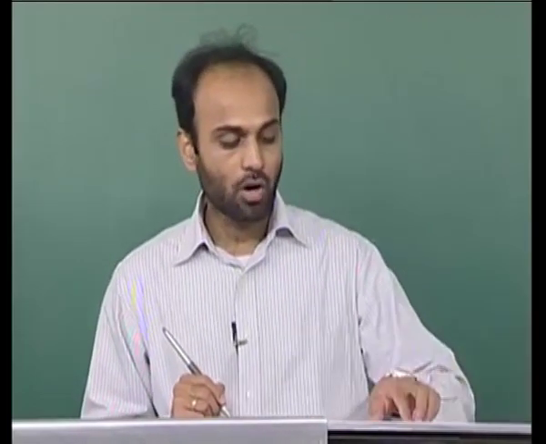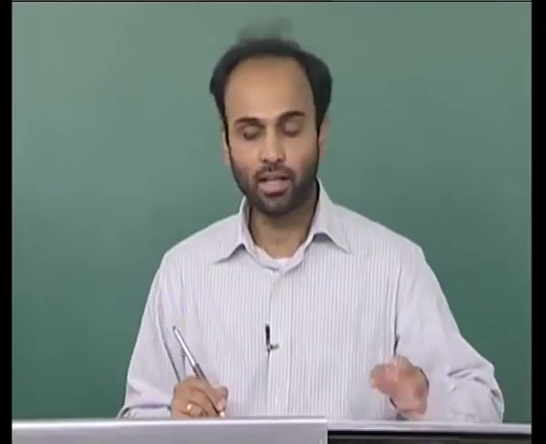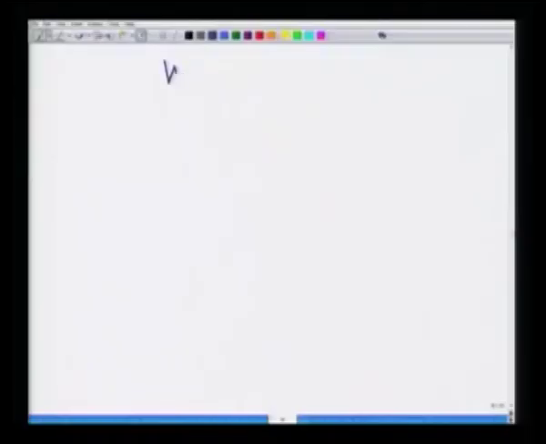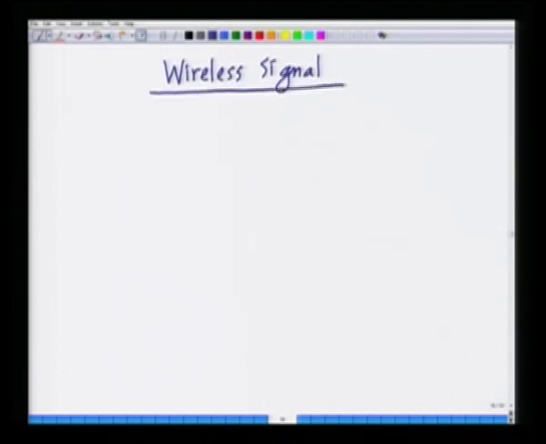Now, let us model the wireless signal that is transmitted by the base station. Alright. So, the base station transmits a wireless signal. Let us model that signal. Let me call that signal S of t.